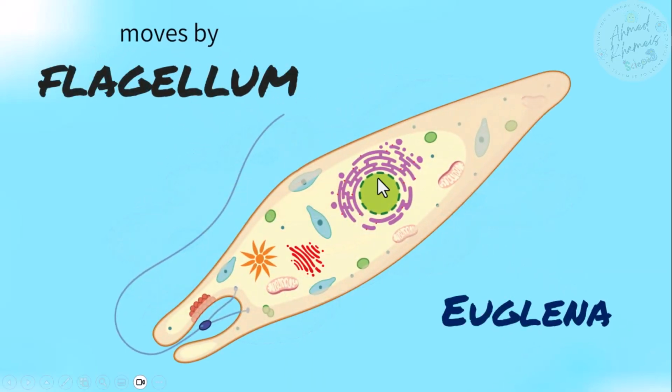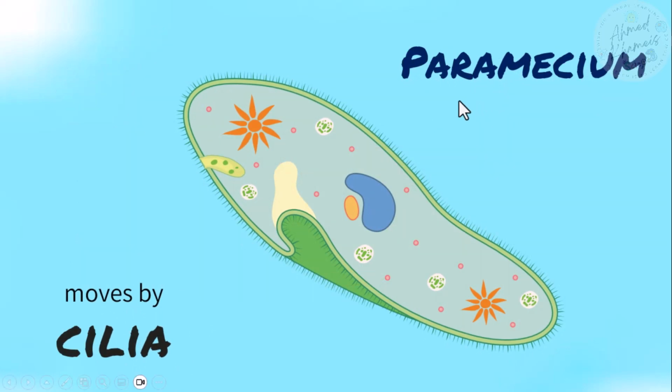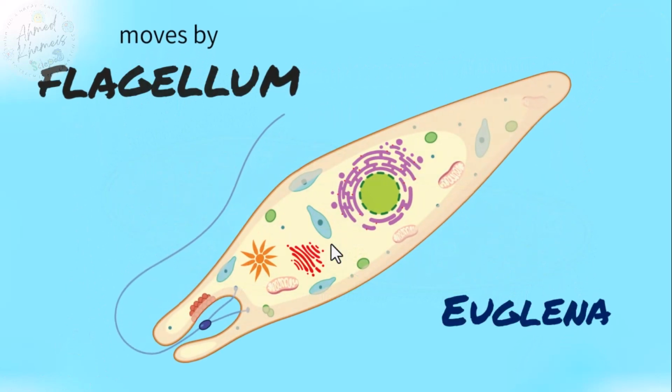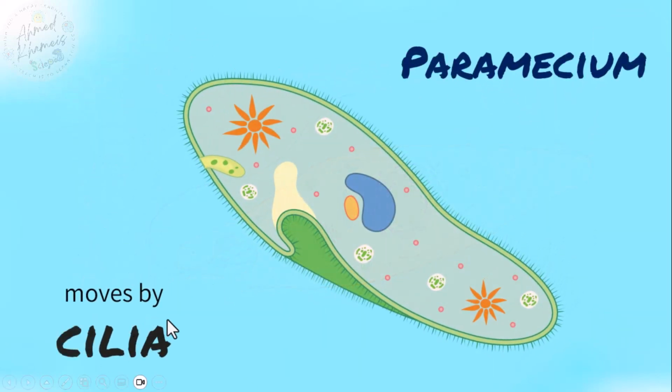Euglena, which moves by flagellum. This is the flagellum. And the paramecium, which moves by cilia. So let's look at them under the microscope.